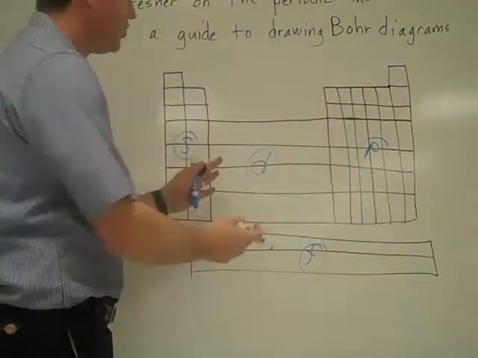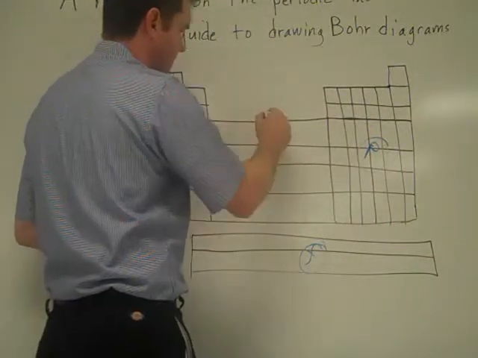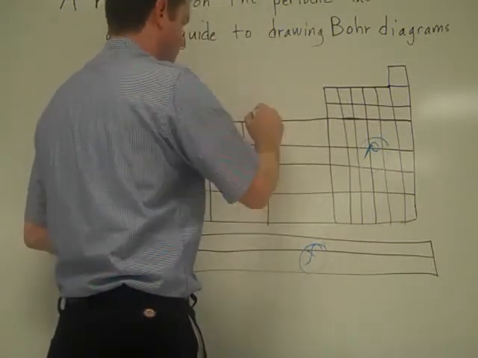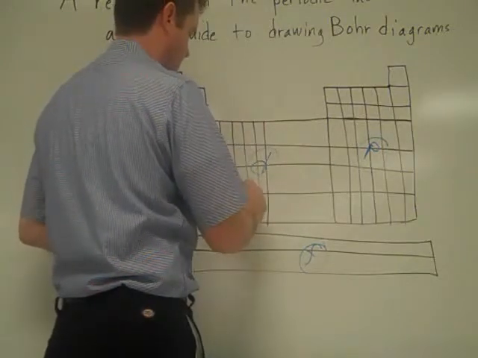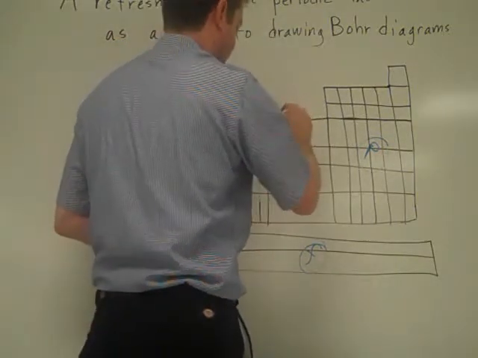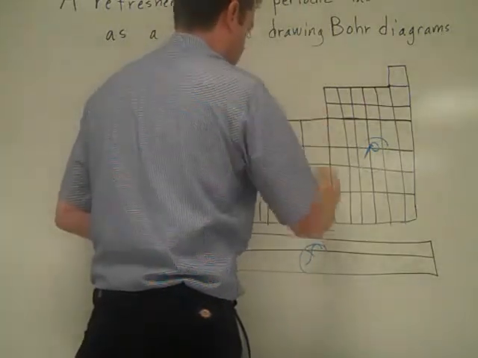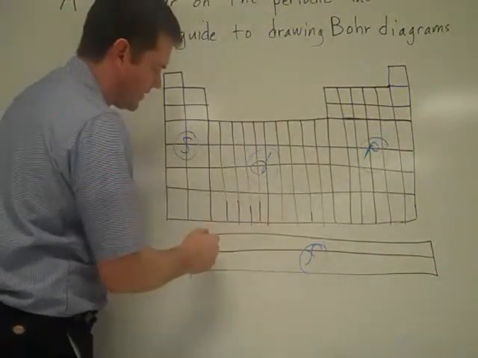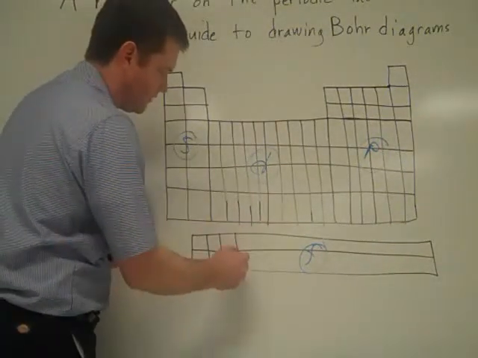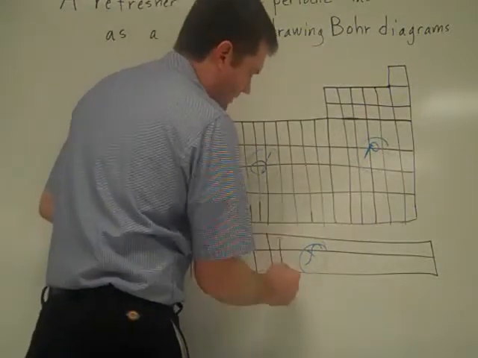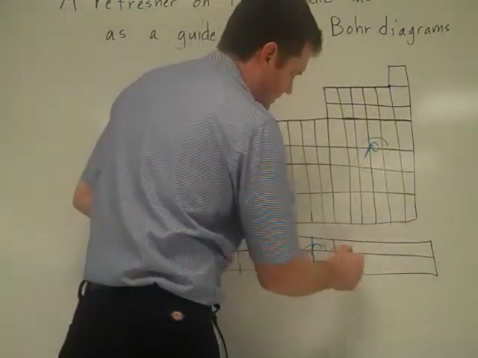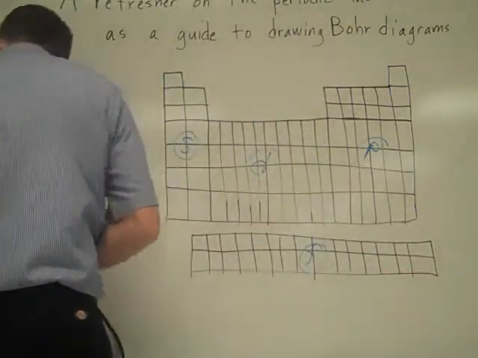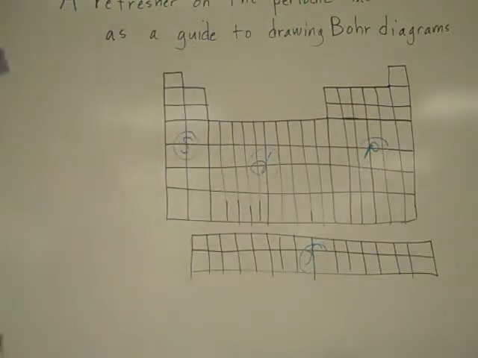There should be 10 boxes in this D subsection. And then down here in the F section there should be 14. 1, 2, 3, 4, 5, 6, 7, 8, 9, 10, 11, 12, 13, 14, and I made that just a little bit too big.